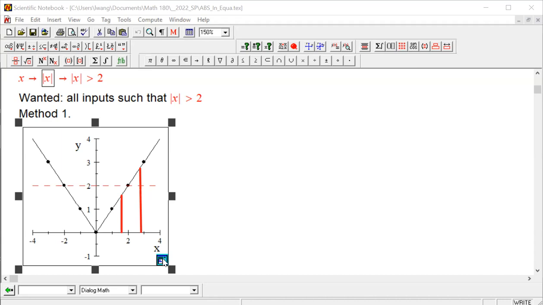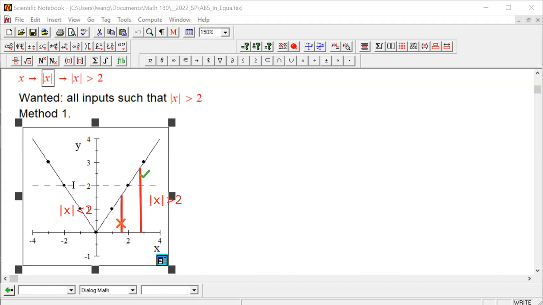And therefore, we know what we want. We want the output to be larger than 2, not smaller than 2, right? So this is the case that the absolute value is larger than 2. And this shorter red line is the case that the absolute value is less than 2.